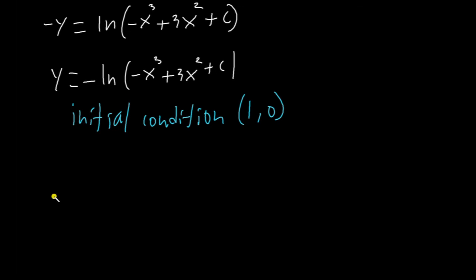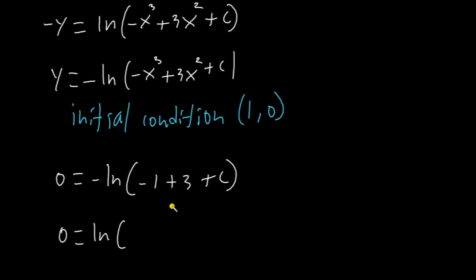So we'll get 0 equals negative natural log of negative 1 plus 3 plus c. Okay? And I can just get rid of the negative because it's equal to 0. So 0 equals the natural log of negative 1 plus 3 is 2, 2 plus c.